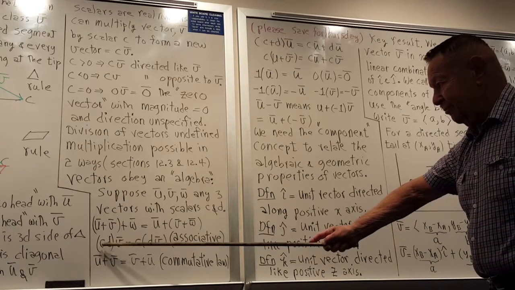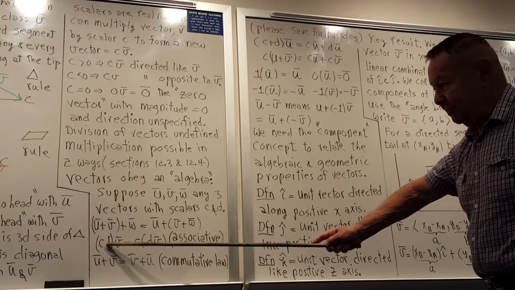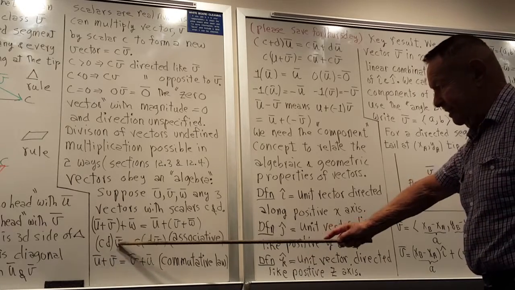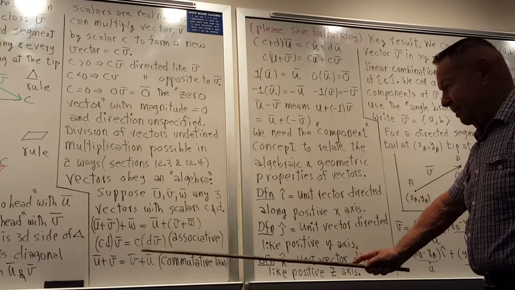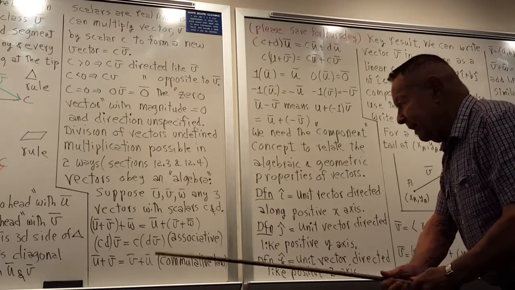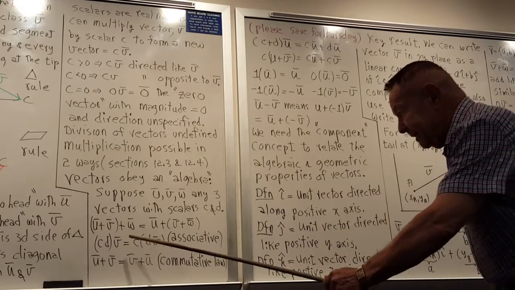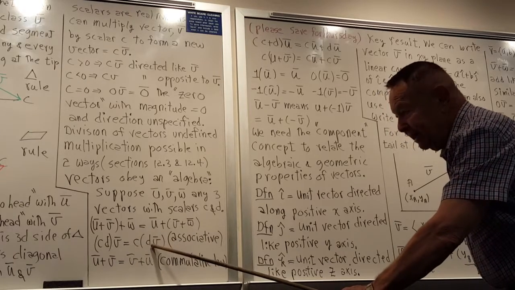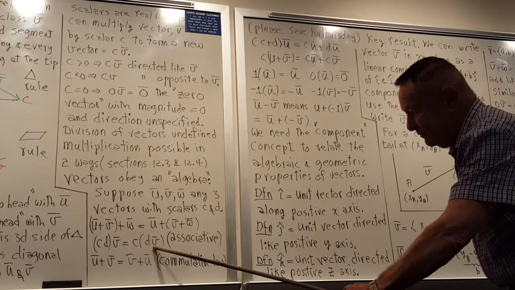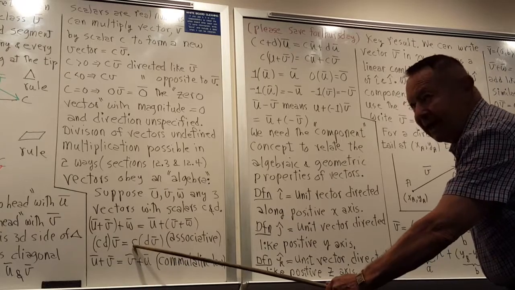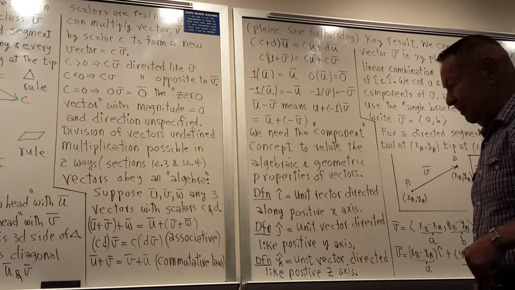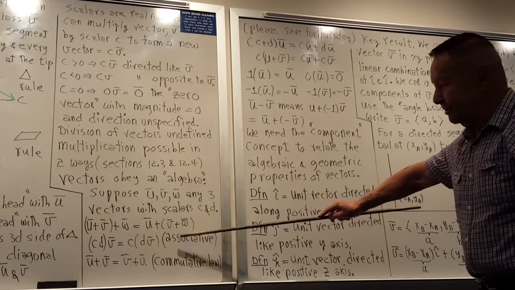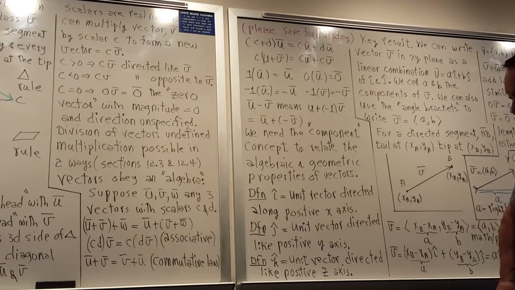If I'm working with multiplying by 2 numbers, I can multiply the numbers first, and then that number times v, or I can take one number times v, that's a new vector called d times v, and then multiply that by the other number. So both of these are what you call the associative law.